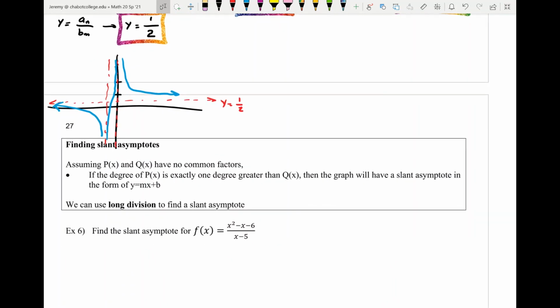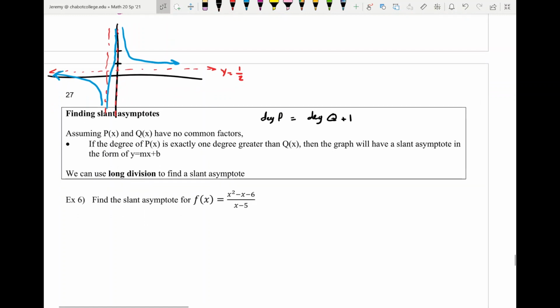So assume p of x and q of x have no common factors. If the degree of the numerator is exactly 1 higher than the degree of the denominator, okay, so in other words, the degree of p is equal to the degree of q plus 1, so the degree of p is just 1 more than q, then the graph will have a slant asymptote in the form y equals mx plus b, and we can use long division to find that slant asymptote.